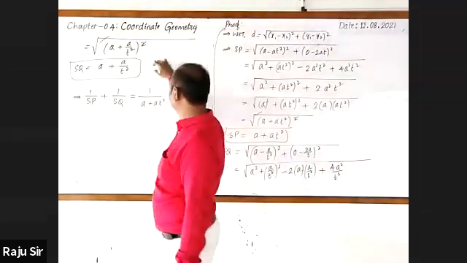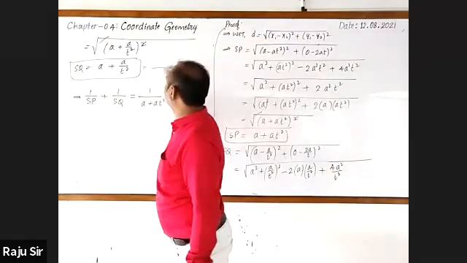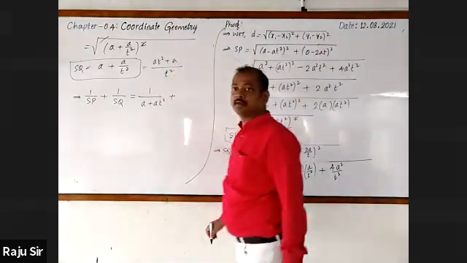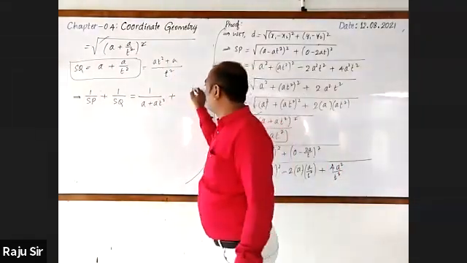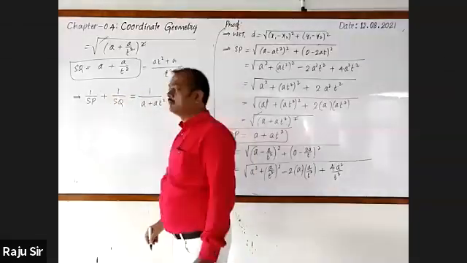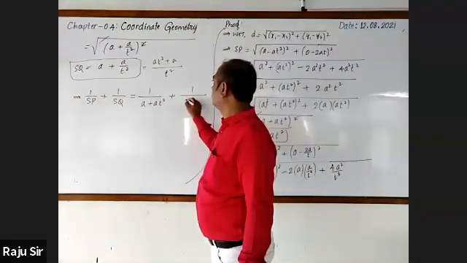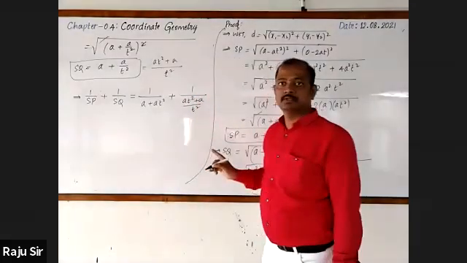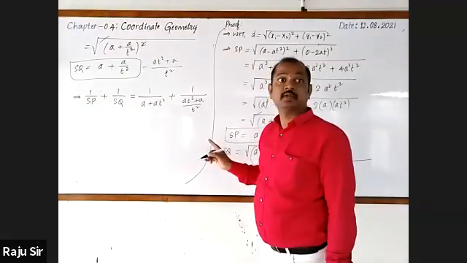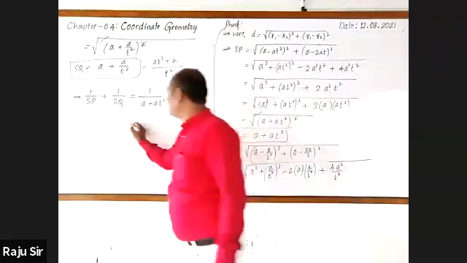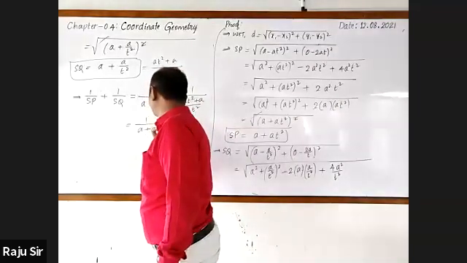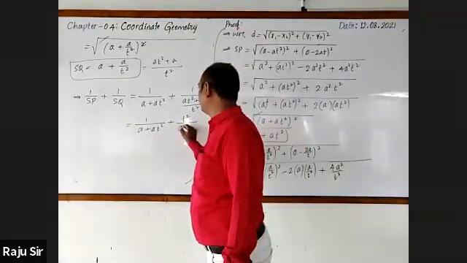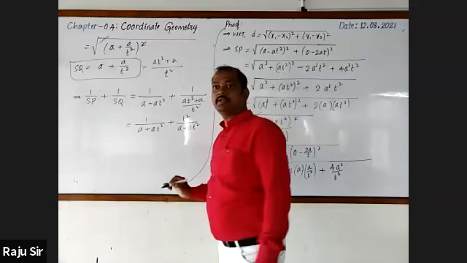Plus, you know, the 1 by SQ: at² plus a by t². Any doubt? No, sir. It's equal to 1 by (a plus at²). Now take the reciprocal, t² by (a plus at²), right?